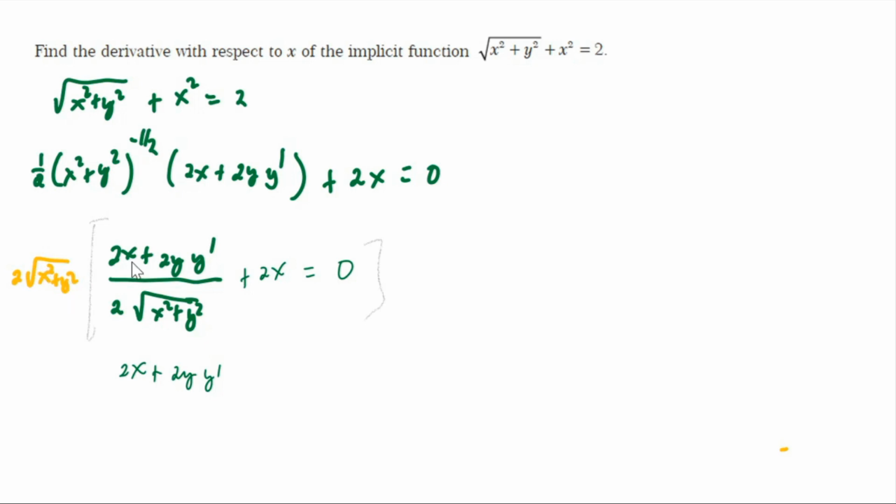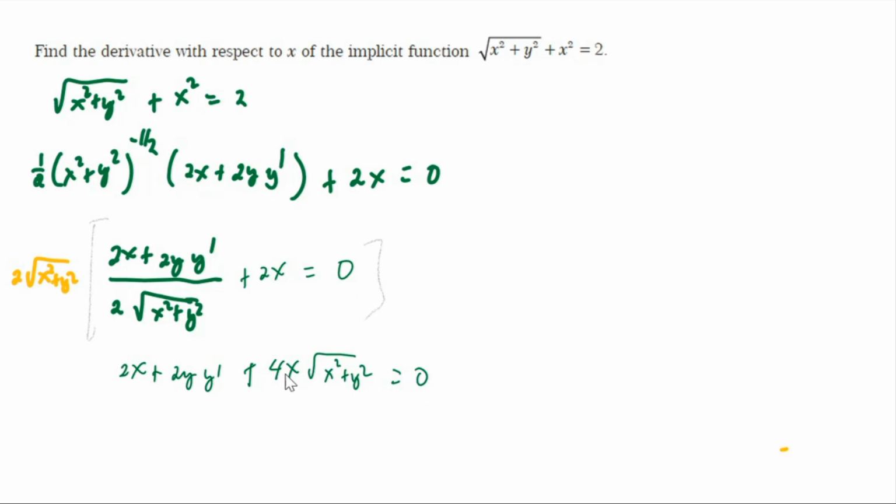So the answer now will be the numerator itself, which is 2x plus 2y of y prime, plus we have 2x times 2 square root of x squared plus y squared. It gives us 4x of the square root of x squared plus y squared is equal to 0, because the LCM multiplied by 0 is just equal to 0.